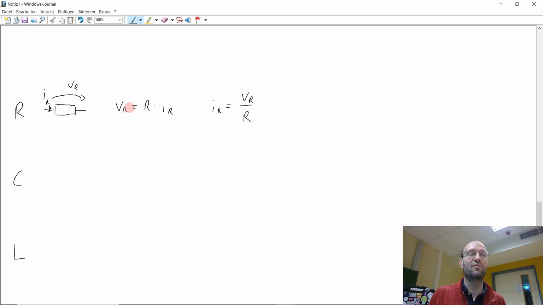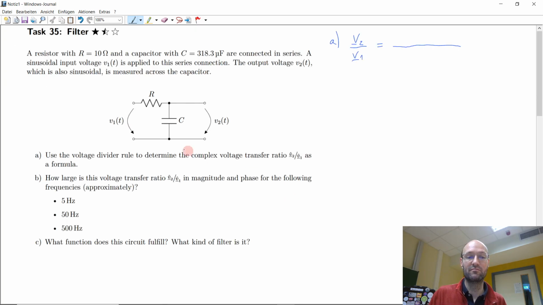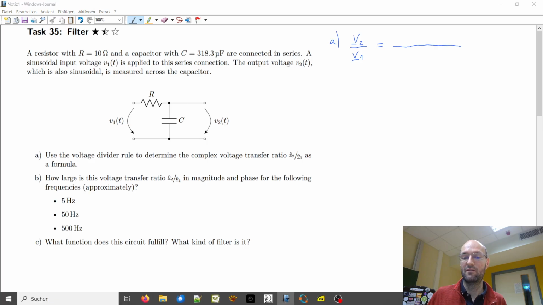And this will work for DC current and voltage, and this will also work for AC current and voltage, and for any time function of current and voltage.